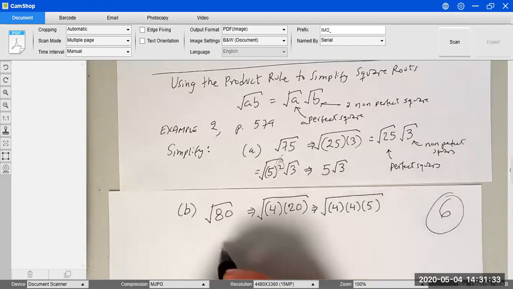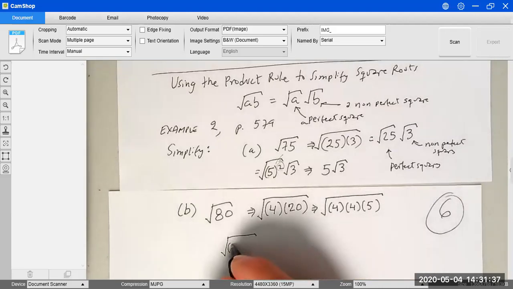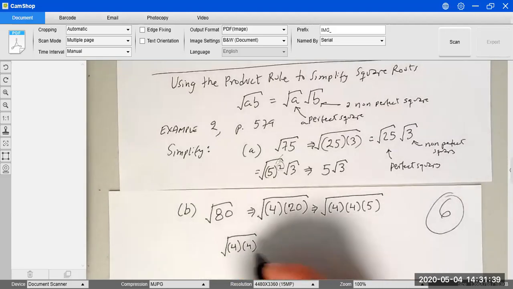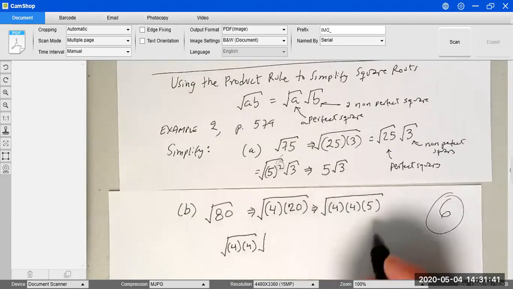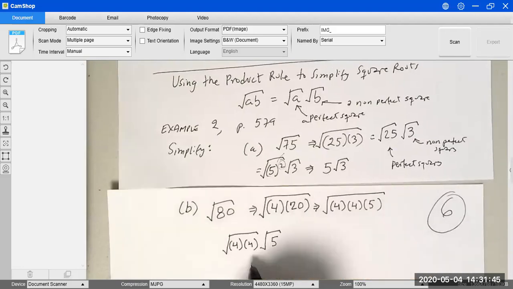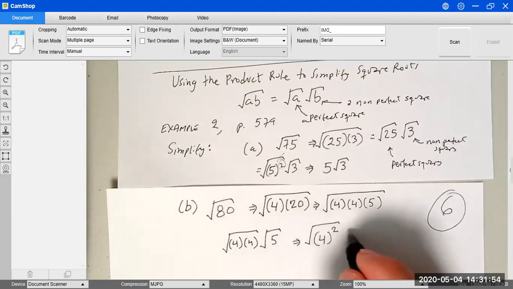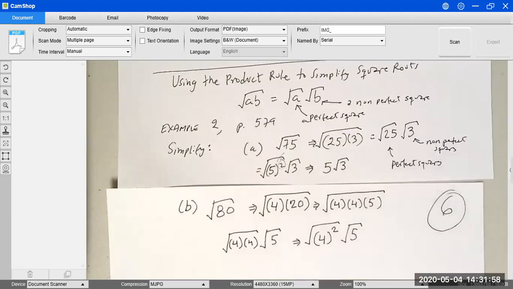I said before that I'm going to use the first radical for my perfect square. So I have 4 times 4, and the second radical for non-perfect squares. You can see here that 4 times 4 is just 4 squared, right? And the square root of 5 remains as the square root of 5.